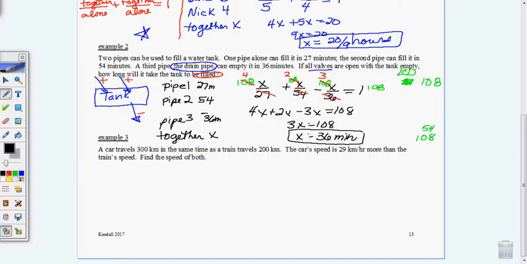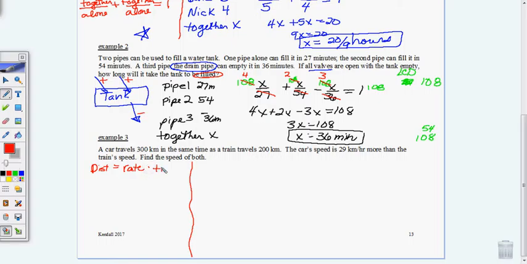Okay, so together over alone equals one job being done. That is how we handle work problems. Now we're going to start to talk about travel problems. For travel problems, you need to remember distance equals rate times time.